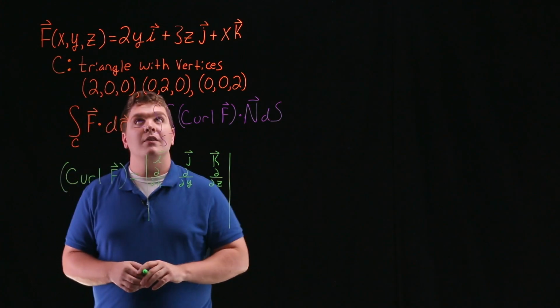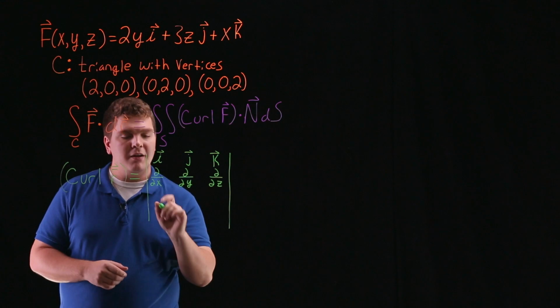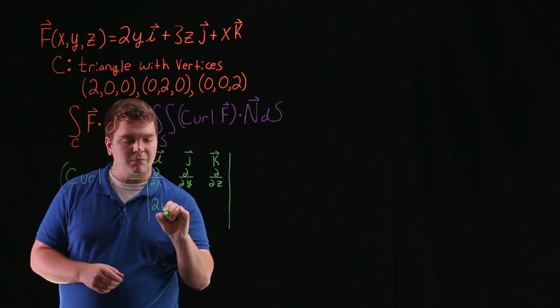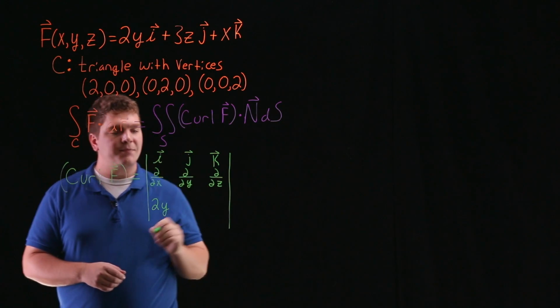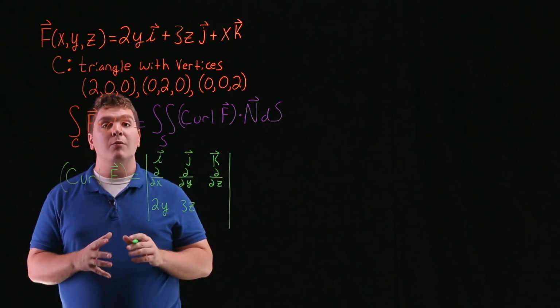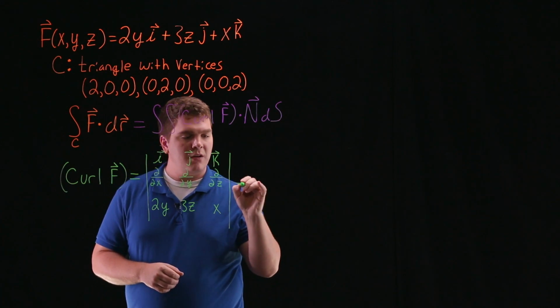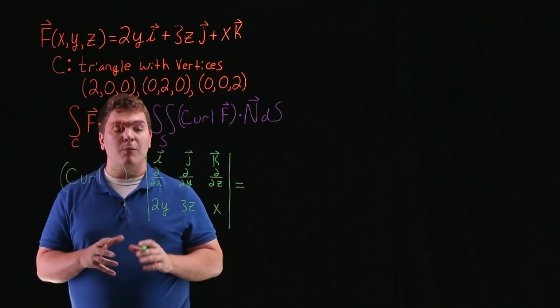The third row comes from our function F: 2y in the first column, 3z in the second column, and x in the third column.